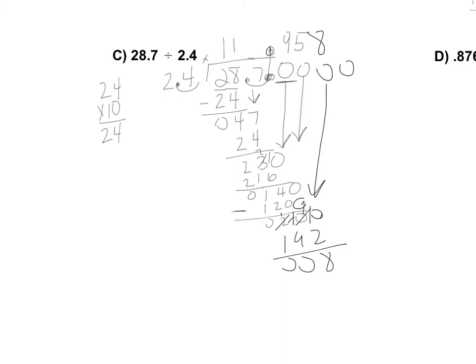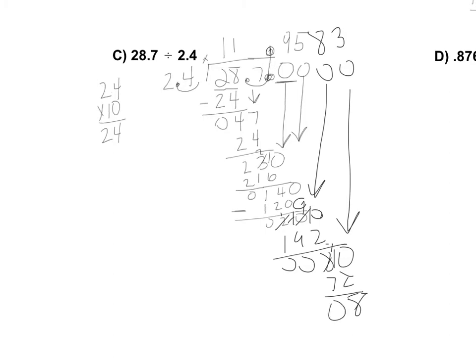Now we bring down another 0. And that becomes 80. How many times does 24 go into 80? 3 times. 24 times 3 is 72. Borrow. 10 minus 2 is 8. 7 minus 7 is 0.